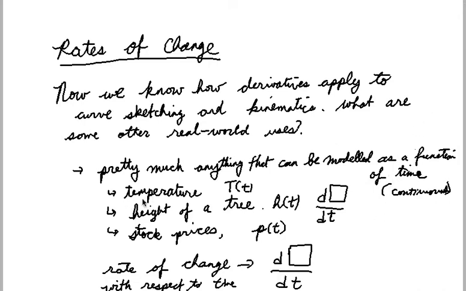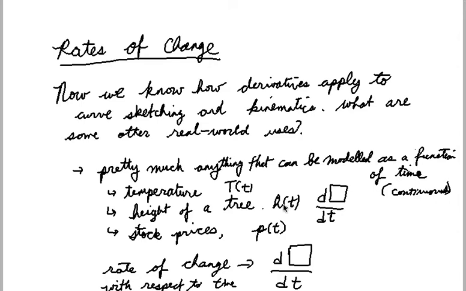For instance, temperature. Temperature can be modeled as a function of time. How fast is the temperature changing with respect to time? How fast is a tree growing with respect to time? How fast are stock prices changing?